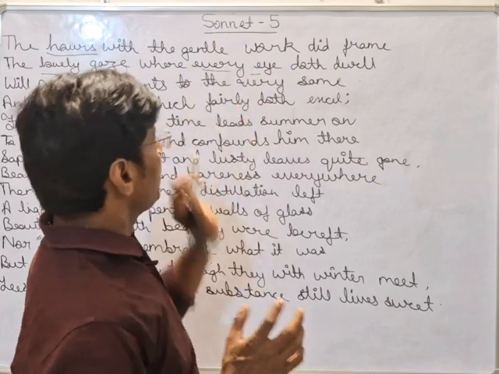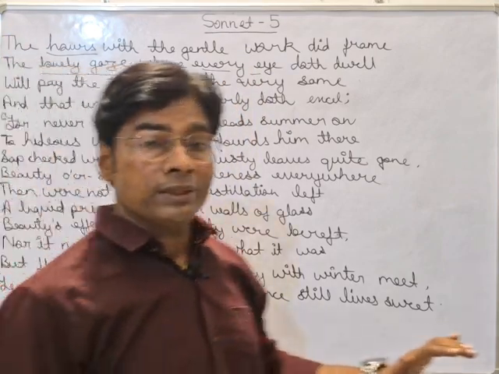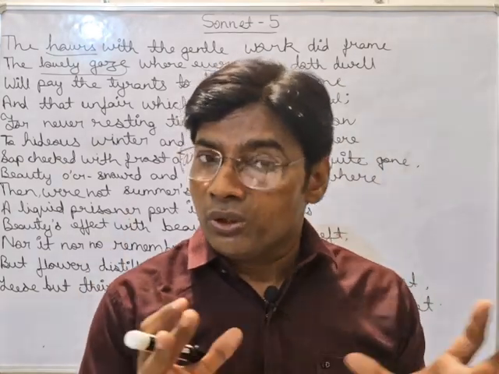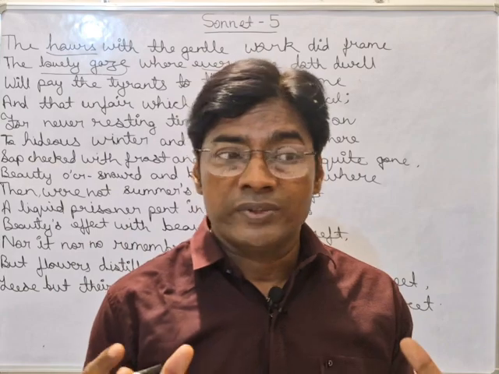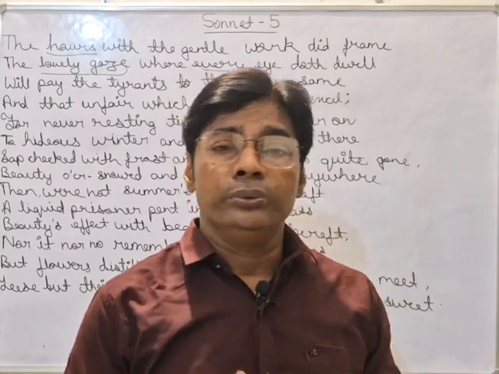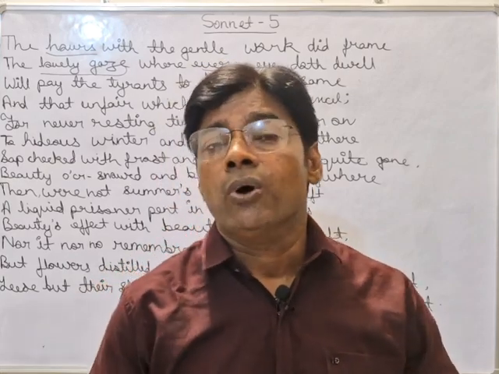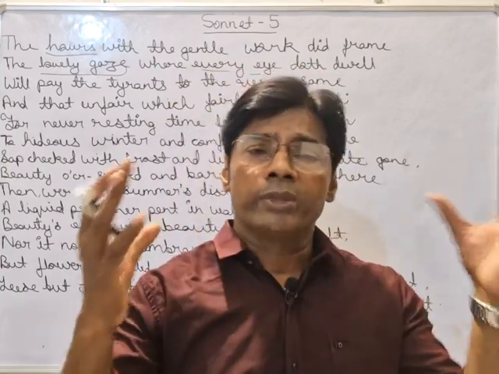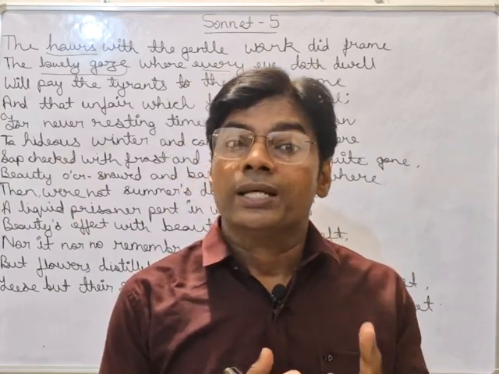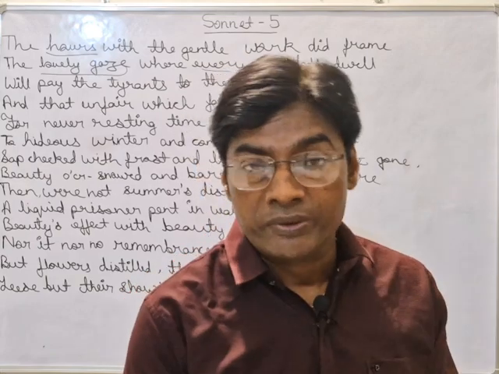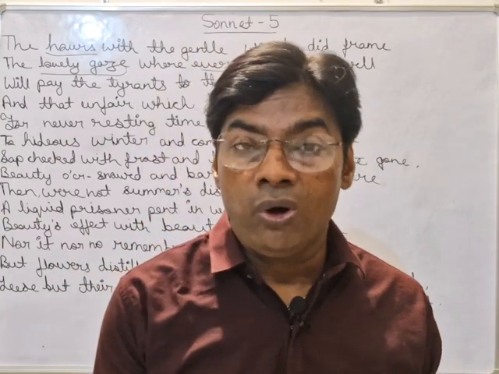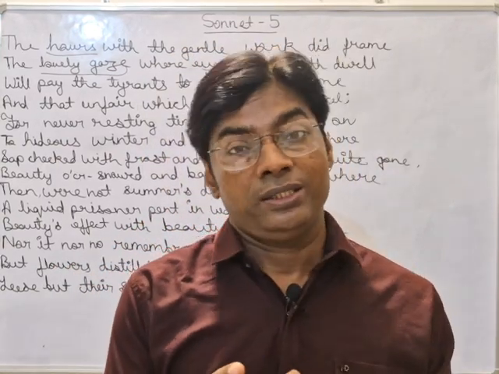So how in the first two lines time is personified, and time is described as a creator, creating the beauty, creating the body of his friend, creating so many beautiful things in the world, and that same time will play tyrant, that same time will play havoc, will destroy.